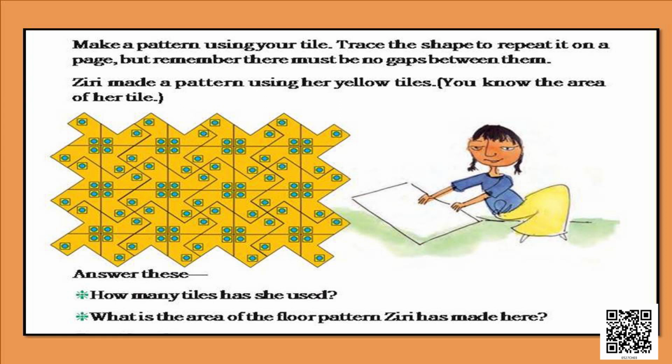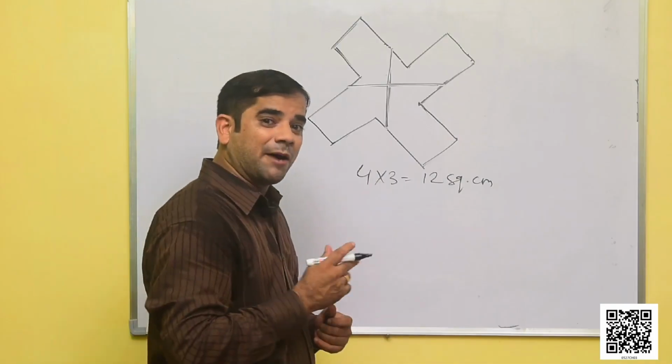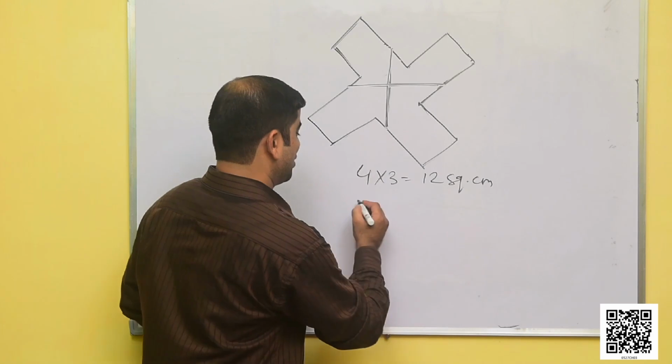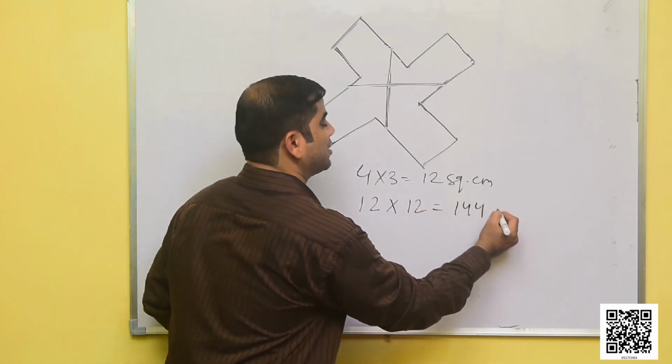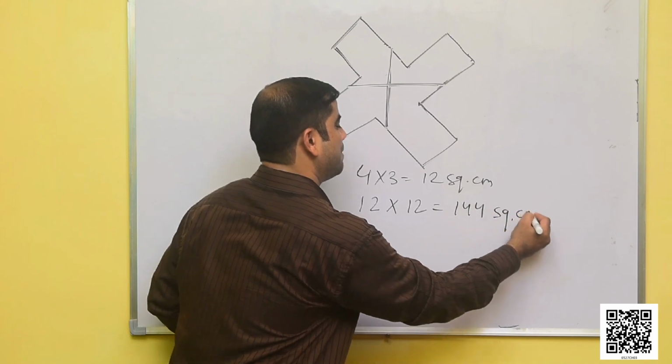There are 1, 2, 3, 4, 5, 6, 7, 8, 9, 10, 11, 12 such patterns in the shape that Ziri has created. So what should be the area of that shape? That is 12 into 12, 144 square centimeter.